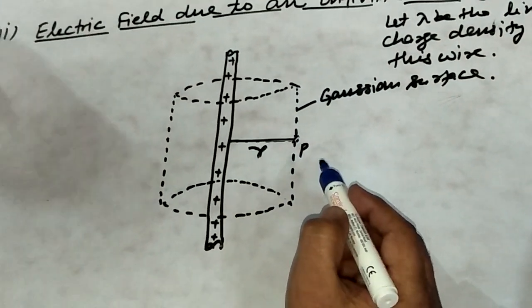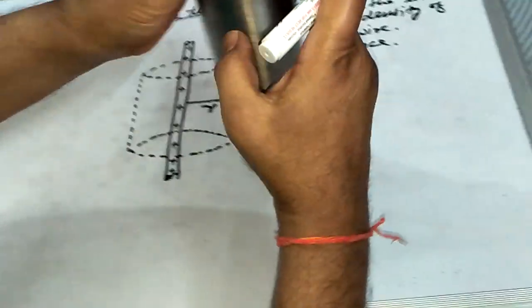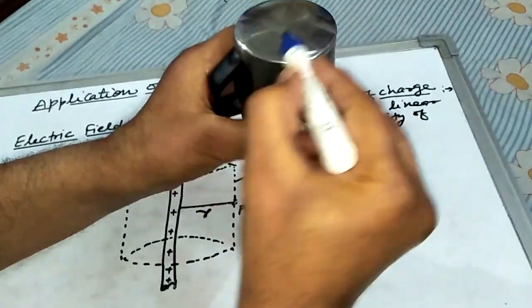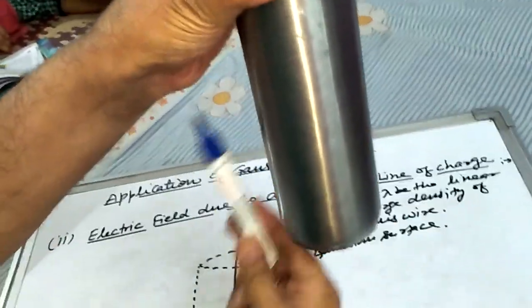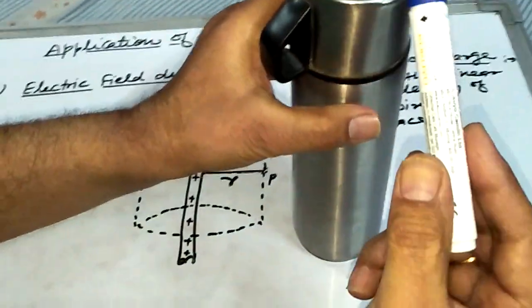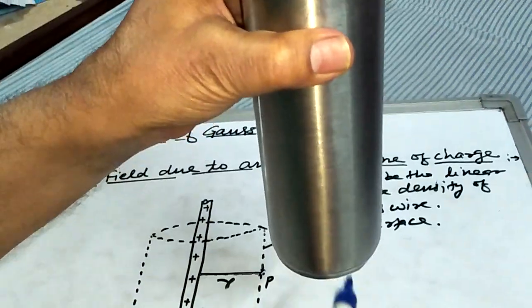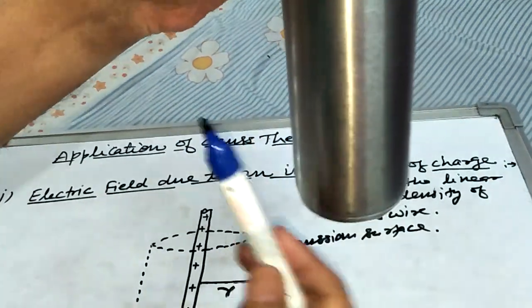Actually, the cylinder is like this, formed around the wire. In this cylinder, the above one is a plane surface, this one is also a plane surface, and the whole of this one is called what here? Curved surface. And the electric flux will pass through the plane surface at the top, the plane surface at the bottom, and the curved surface around it.